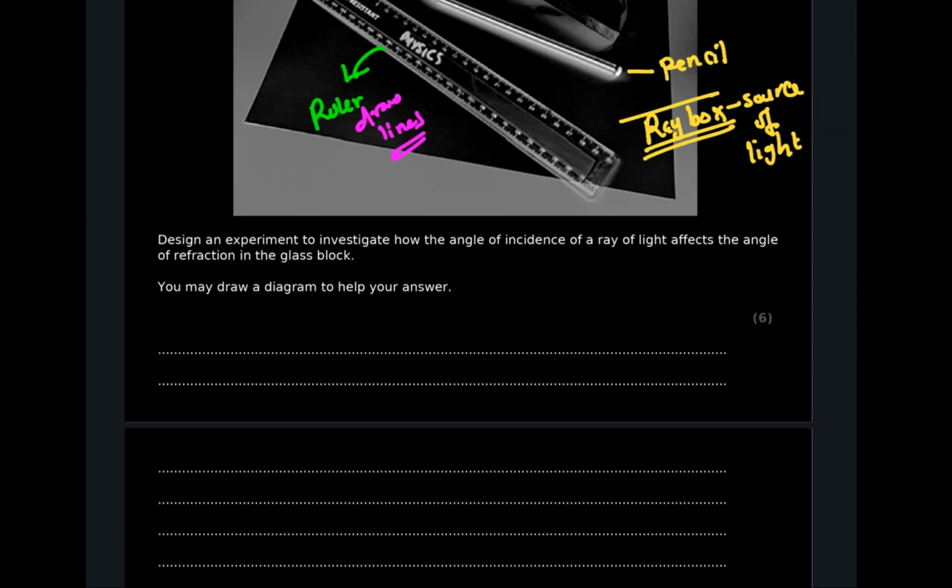Design an experiment to investigate how the angle of incidence of a ray of light affects the angle of refraction in the glass block. You may draw a diagram to help your answer.